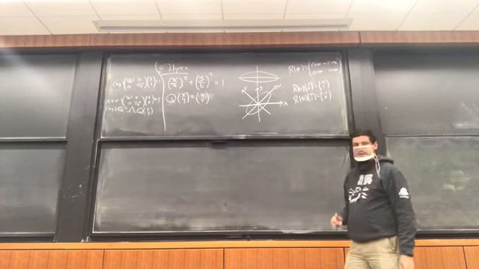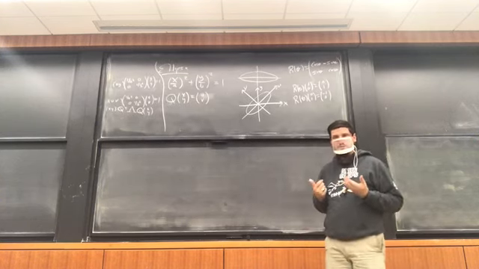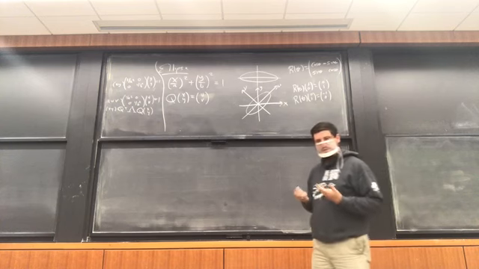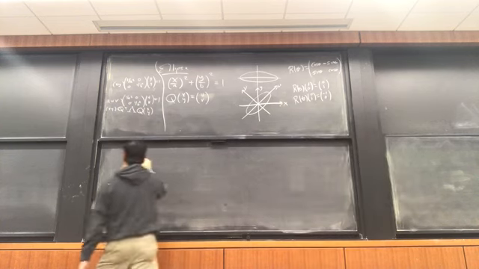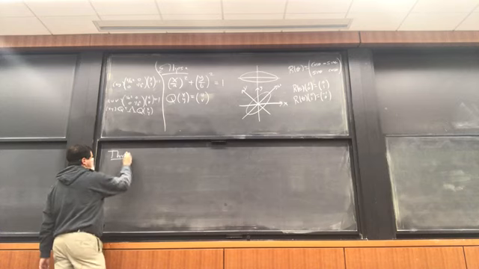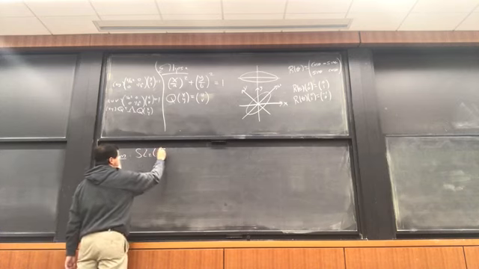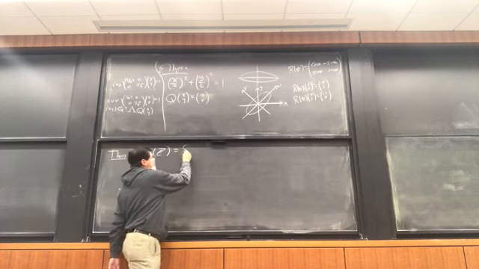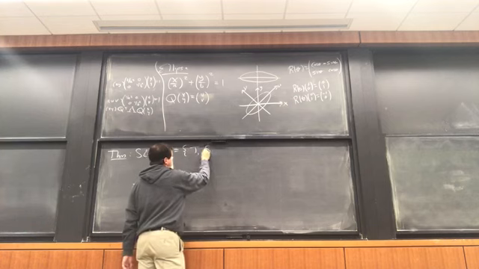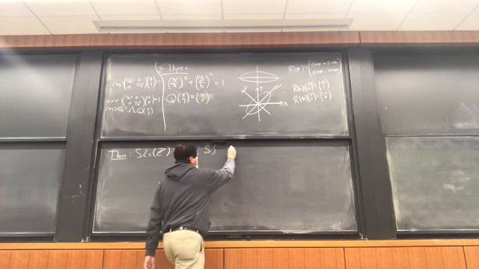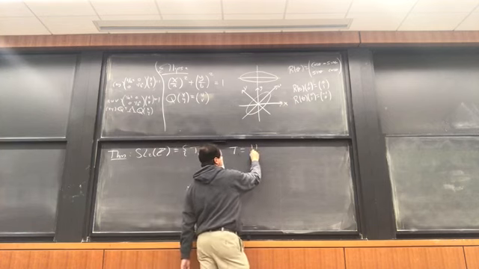So what I want to do now is talk about the generation of SL2Z by the two matrices. So theorem, SL2Z is generated by T and S. And T is the translation.